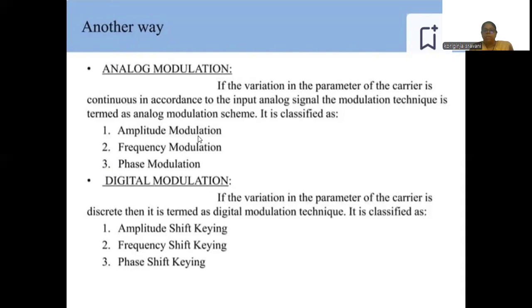These three are the digital modulation techniques, and the above three are the analog modulation techniques, and we have different pulse modulation techniques, which are pulse amplitude modulation, pulse width modulation, and pulse position modulation. These are the different types of modulation techniques. We'll see about all these in brief.